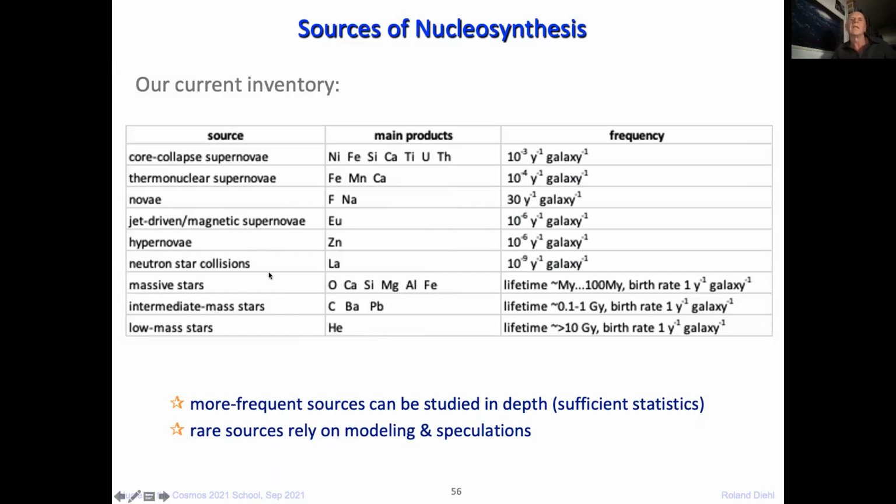And this is only possible for the more frequent sources, and rare sources like the jet supernovae or the neutron star collisions, especially with their asymmetries, they will take many generations of astronomers to actually get sufficient statistics in the observations.